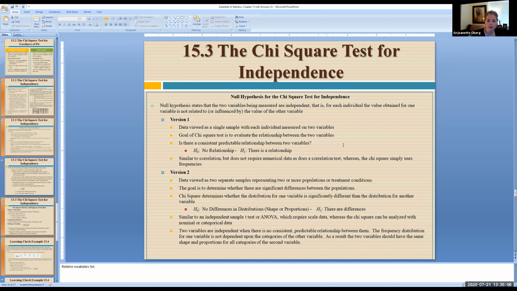The second way we can use the chi-square test for independence is when we're trying to look at, are there significant differences between the populations, okay? So based on, are there significant differences between the people who were asked about smashing, about hitting, or not asked at all, okay?